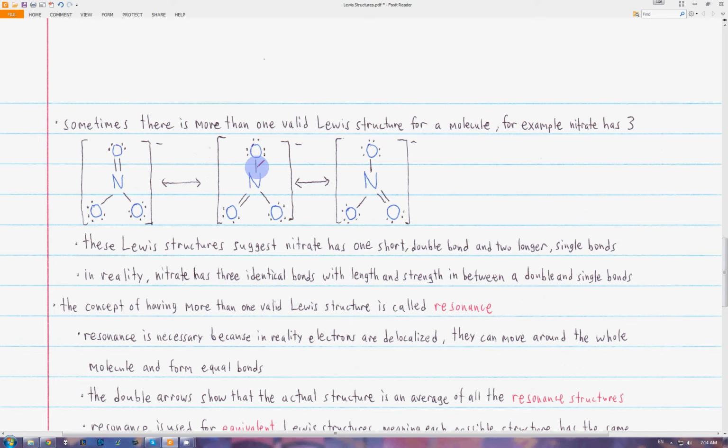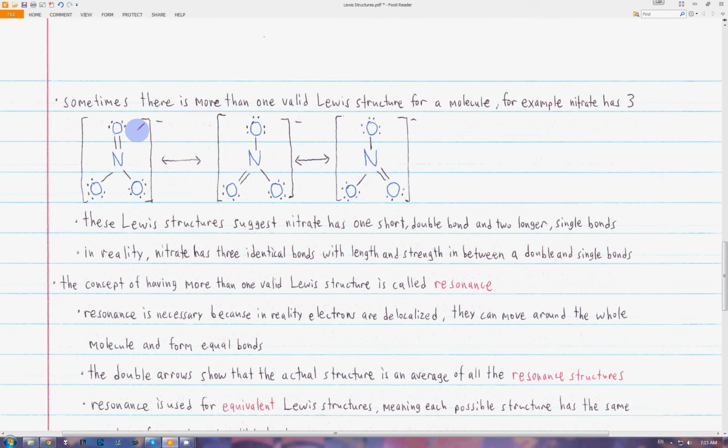So according to these diagrams, nitrate will have two longer single bonds and one shorter double bond. But in reality, nitrate actually only has one type of bond, and this bond is somewhere in between a double and single bond in terms of length and strength.